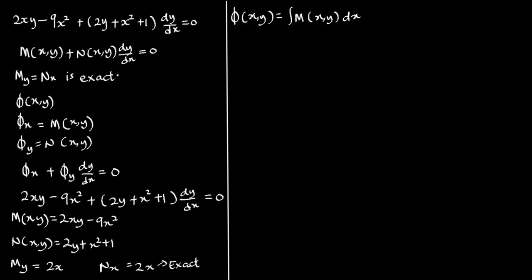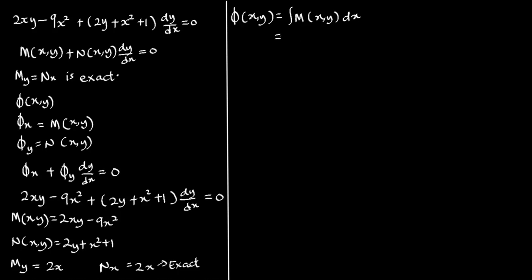So when we integrate M(x,y) with respect to x, we are going to get part of phi of (x,y), which will be part of the solution that we want. That's why we are doing this. You integrate M(x,y) to get part of the solution. Do you get it? Then from there, you go ahead and find the remaining part to get the complete solution.